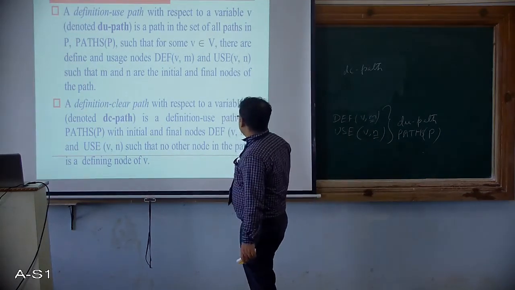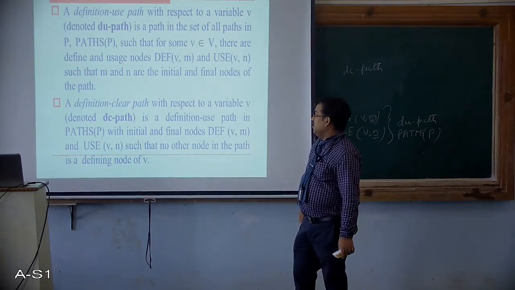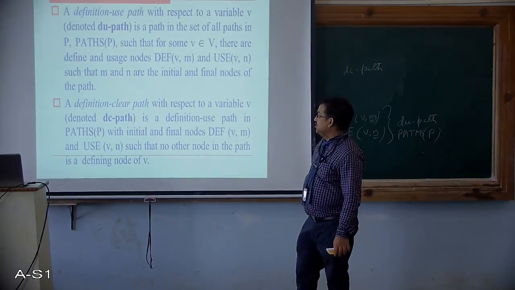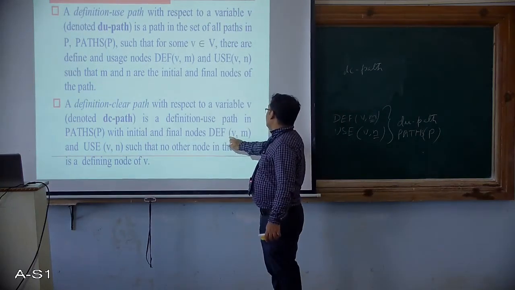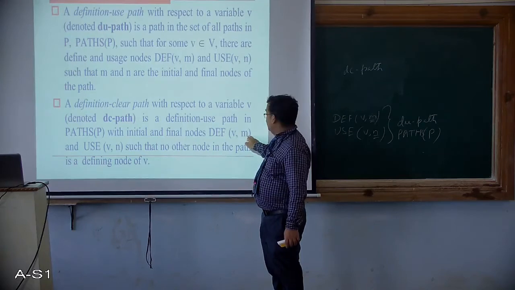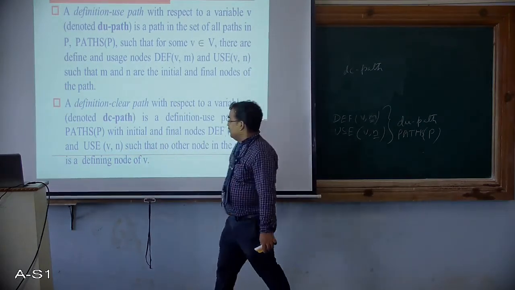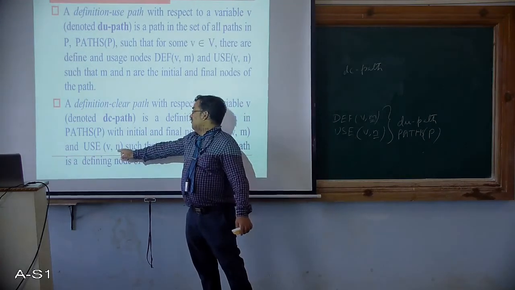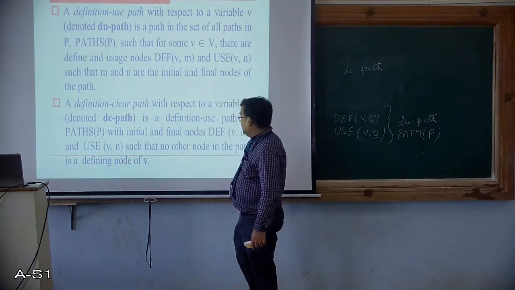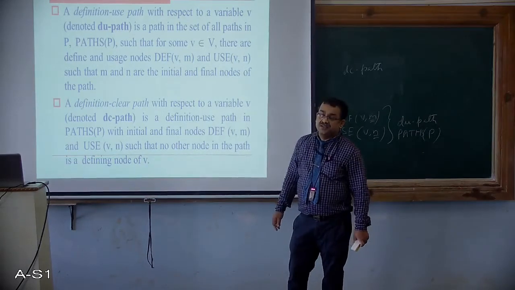A define clear path is a definition use path in path P with initial and final nodes given by DEF(v, M) and USE(v, N), where M is the initial node, the defined node where the variable is defined, and N is the node where the variable is used, such that no other node in the path is a defining node of V.